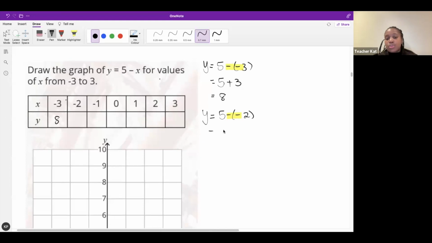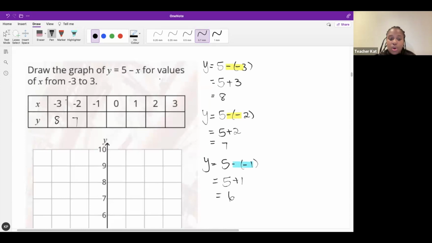And this is equal to 5 plus 2, which is 7. Okay, next one, y equals 5 minus -1. What is my output for this? We should already be able to see it. It's going to give me 5 plus 1, which is 6.